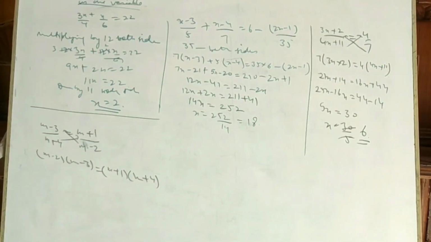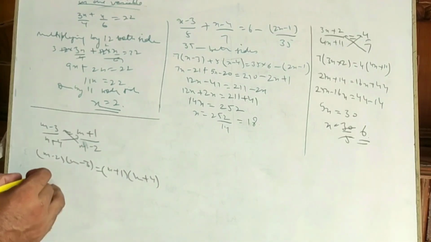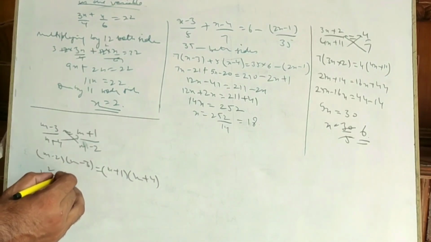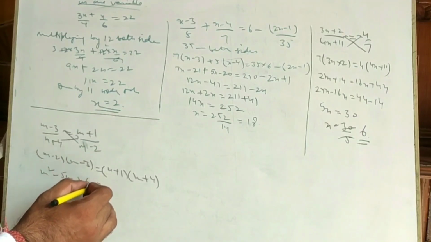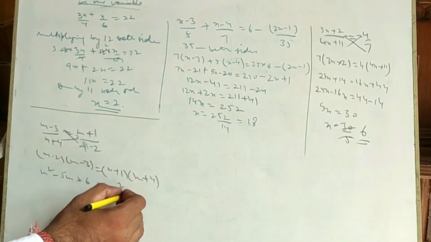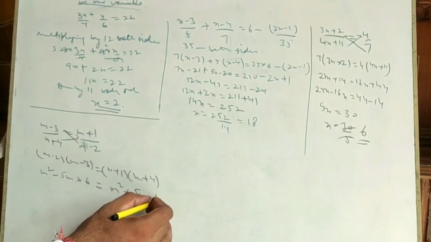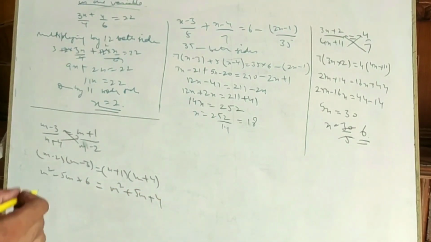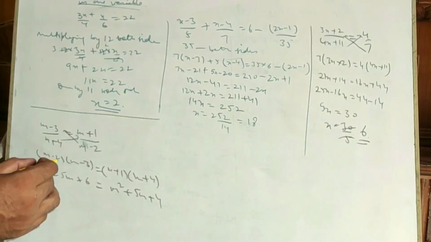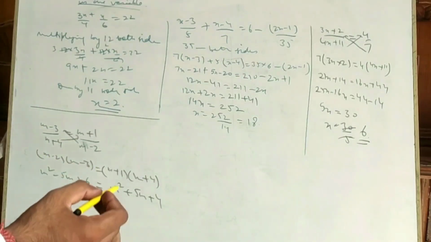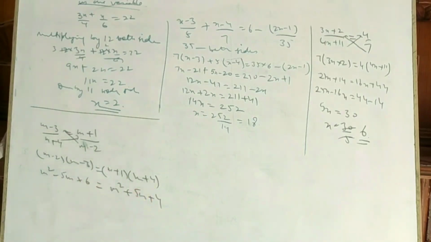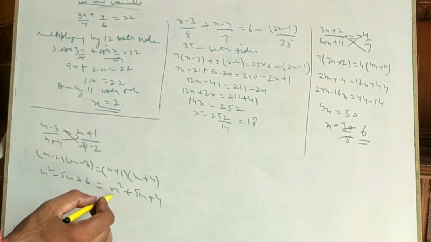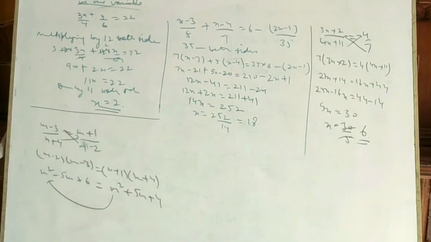On multiplying it, we will have m square minus 5m plus 6, and this is m square plus 5m plus 4. This is the multiplication. m will be multiplied by m minus 3, minus 2 will be multiplied by m minus 3. Similarly, m will be multiplied by m plus 4, and 1 will be multiplied by m plus 4. Then this plus m square becomes minus m square here.